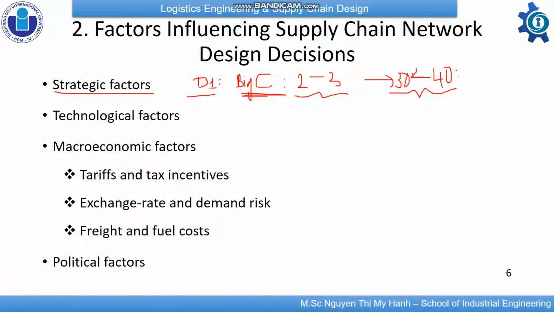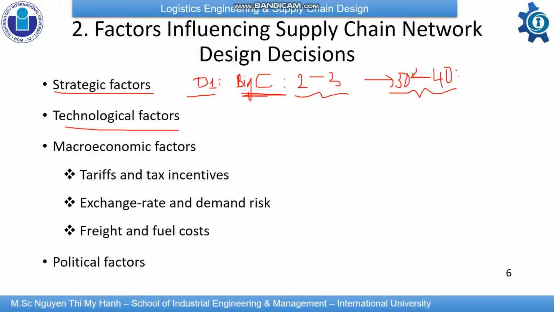The next factor that influences supply chain network design decisions is technological factors. If the production technology displays significant economies of scale, a few high-capacity locations are most effective.